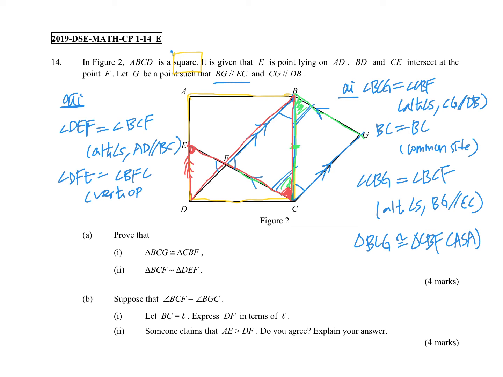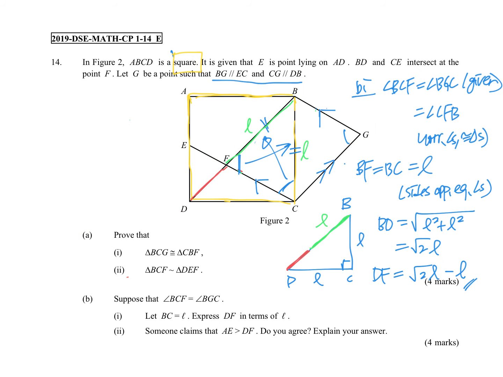So with two pairs of equal angles, we can now conclude that triangle BCF is similar to triangle DEF. The reason will be AA. So that is part A, 4 marks. Two simple proofs. Very good, we have done the two proofs in part A.